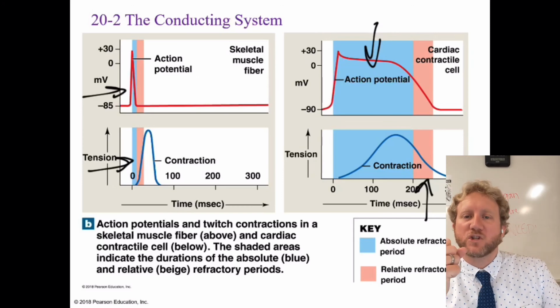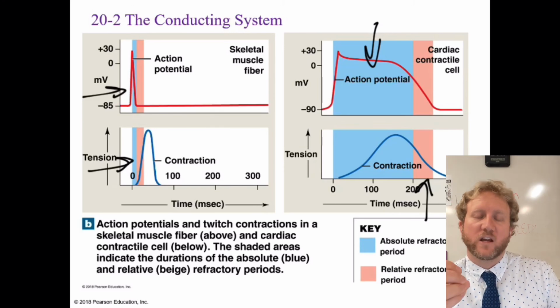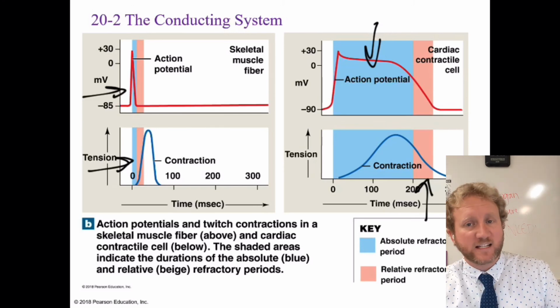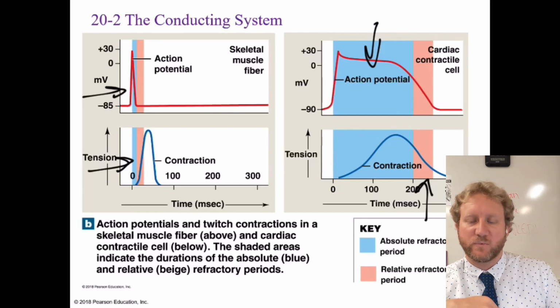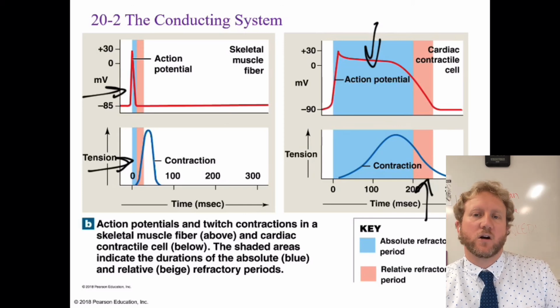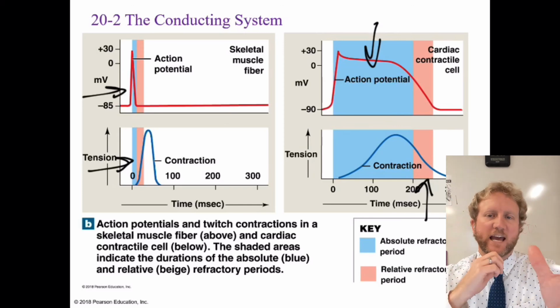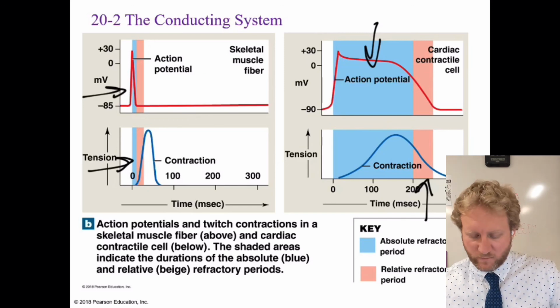So while the muscles are contracting, the conducting cells are resetting. And then when the conducting cells are going through their action potential process, the contractile cells are resetting. And so we have this sort of ba-dump, sort of delayed reaction going on, basically.